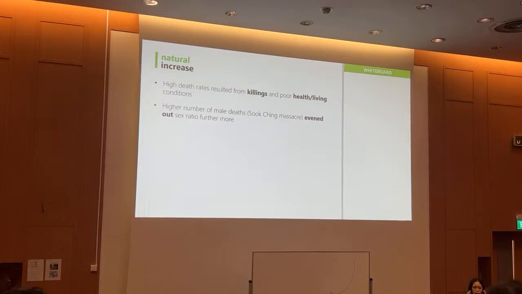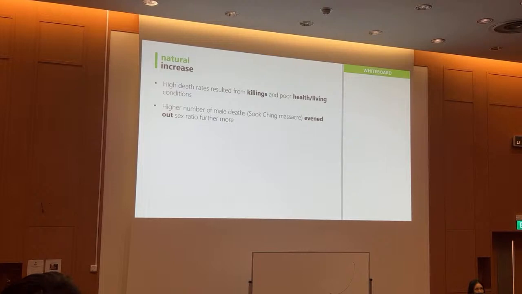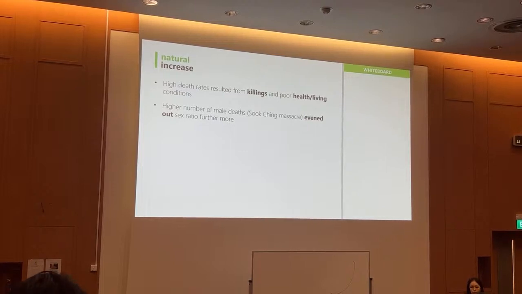The killings were directed more at males. So more males were killed than females. In this sense, it's sort of evening out the sex ratio further. It made the sex ratio balance even more.